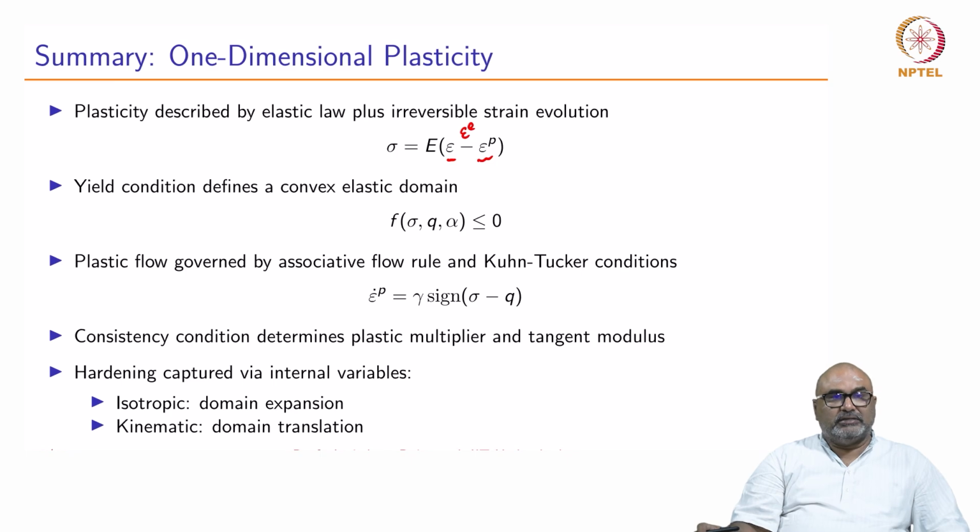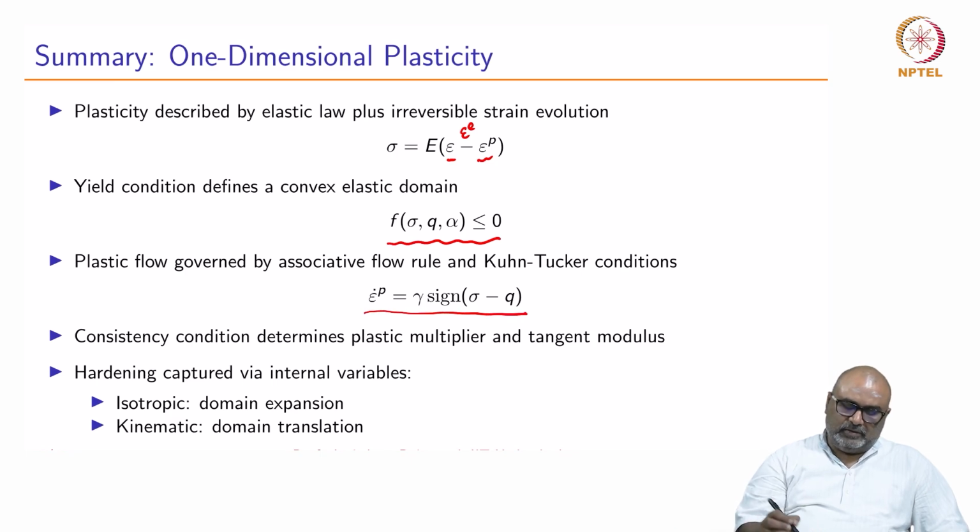The yield condition defines a convex elastic domain, which is also homogeneous of degree 1. So, f of sigma, q, alpha is less than or equal to 0. The plastic flow is governed by an associative flow rule and Kuhn-Tucker conditions, which is defined by epsilon dot p equal to gamma sign of sigma minus q.